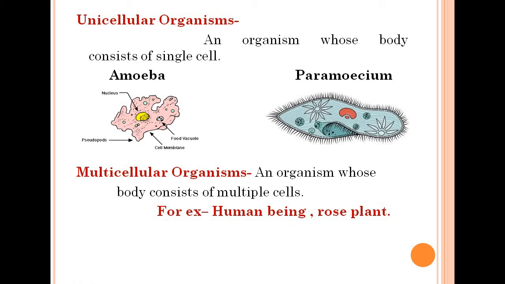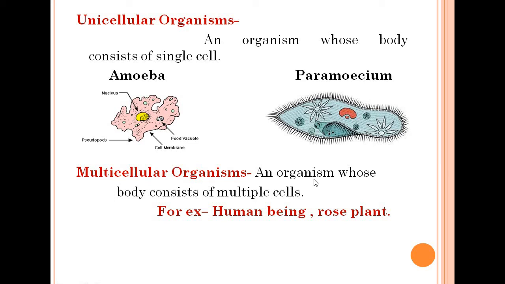A body is usually made up of several cells, but there are some organisms whose body is made up of a single cell, and that single cell is able to carry out all the basic functions required for the life of the organism. So such organisms are called unicellular organisms. For example, as you can see in the figure, amoeba and paramecium are unicellular organisms.